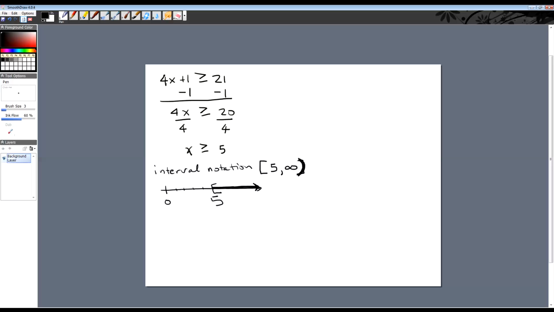A square bracket would indicate that the value of 5 is one of the solutions in this set, so it can go down to 5. And the rounded parenthesis just basically means that it can go that far and doesn't end. Obviously, infinity doesn't end.